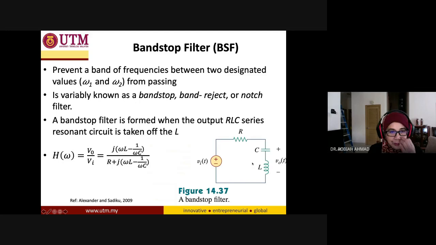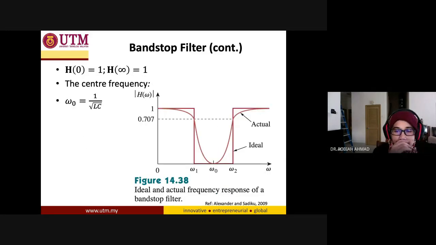So the circuit for the band stop filter will be RLC, but the output is taken off at C and L. So that's why our voltage here for the numerator will be inductance and capacitance. So this is how it looks, actual versus ideal.